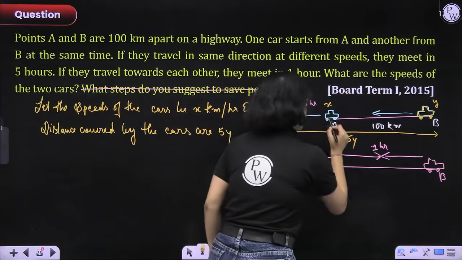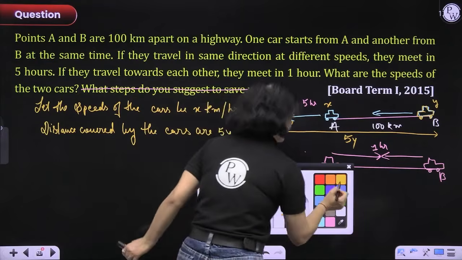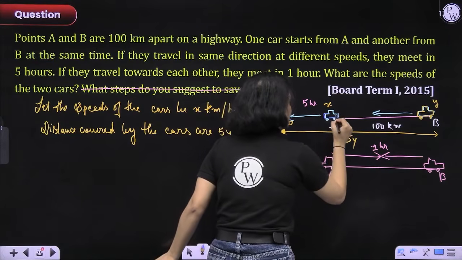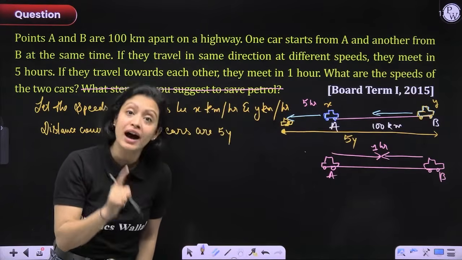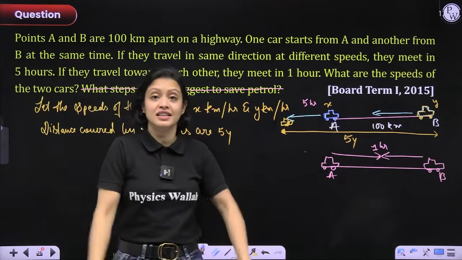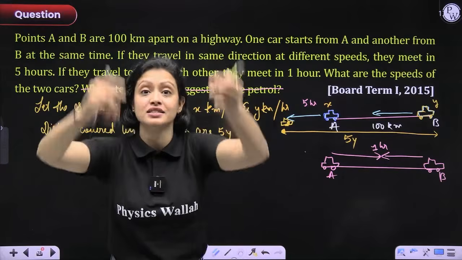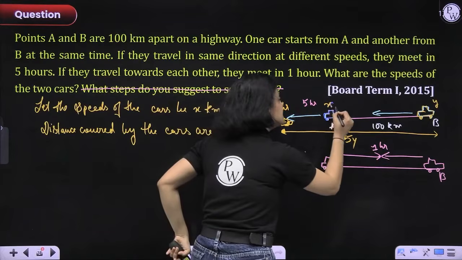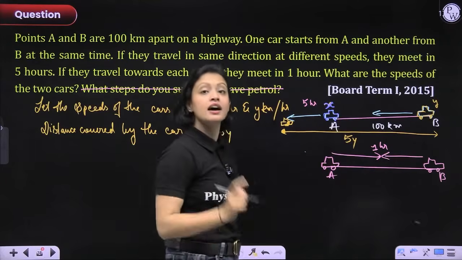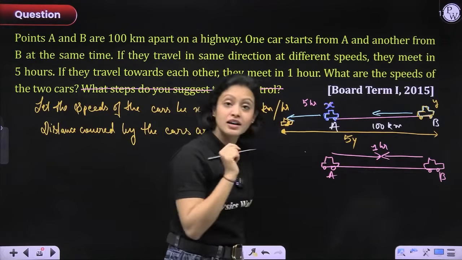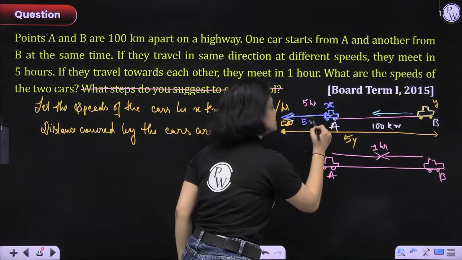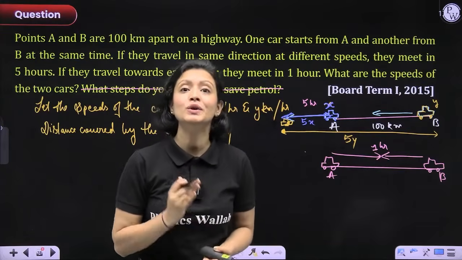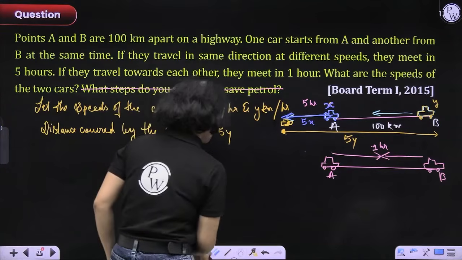Now let's talk about the car coming from point A. For this car, the speed is X. It has also traveled for 5 hours, since they are meeting after 5 hours. So the distance traveled by this car is speed into time, 5X. I'll write it here.